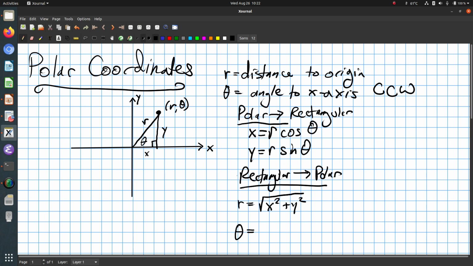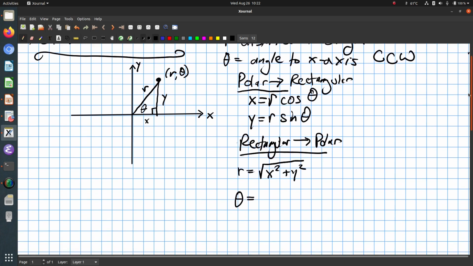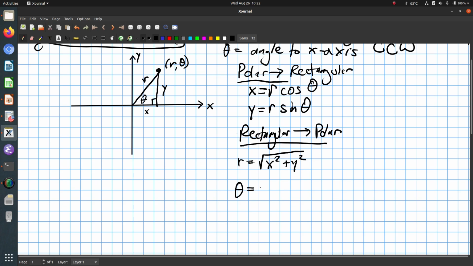If you look at the way that I've drawn this particular point in the first quadrant, you'd say, well, theta should be the inverse tangent of y over x. True enough, that works provided both x and y are positive, but there's a bunch of different cases. So it's the inverse tangent of y over x if x and y are both positive.